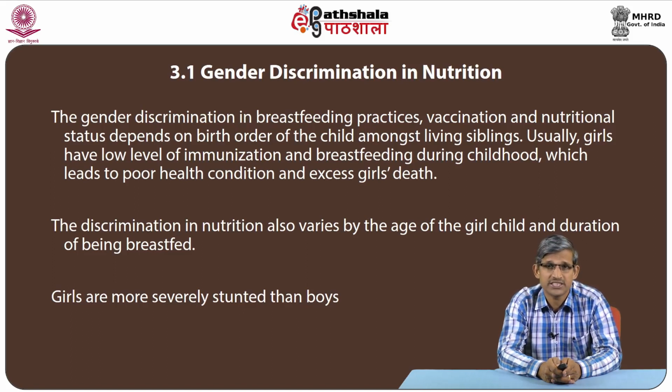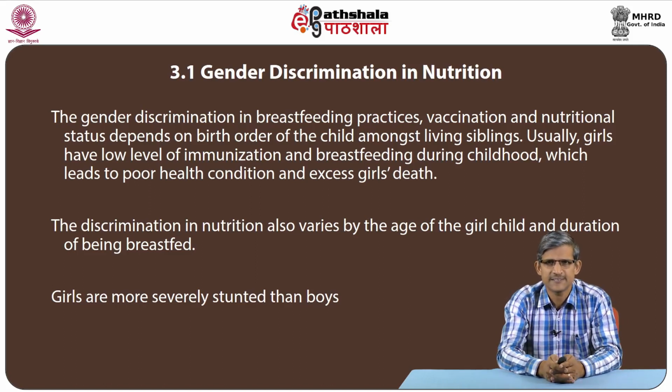In the case of immunization coverage, girls are discriminated against in receiving immunization in the north of the country, particularly in families with no living sons. If you look at the available nutrition data, it is often found that girls are more severely stunted than boys. Girls receive fewer or none of the vaccinations, and so on.